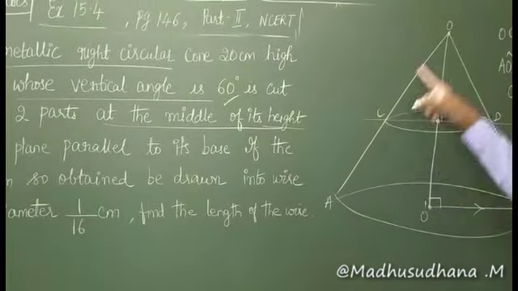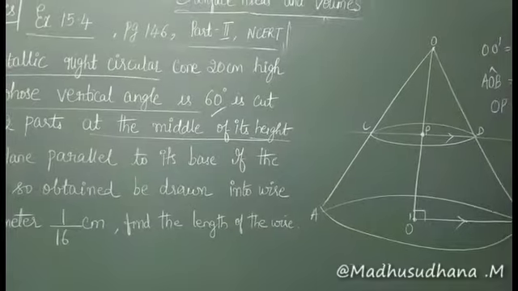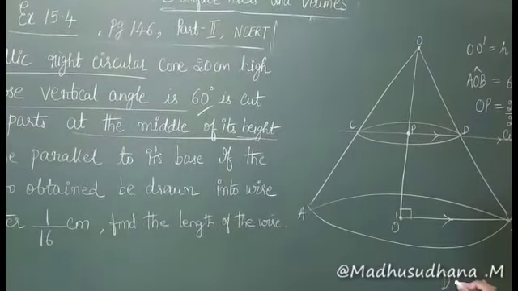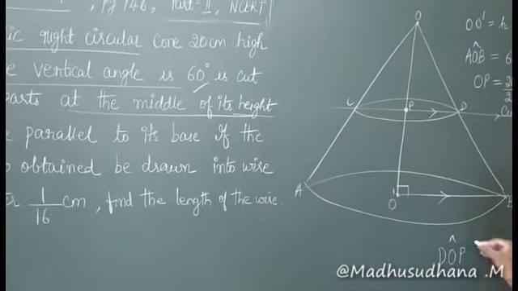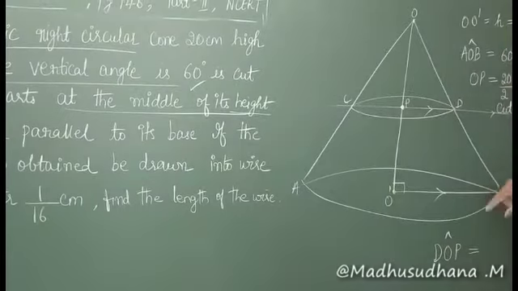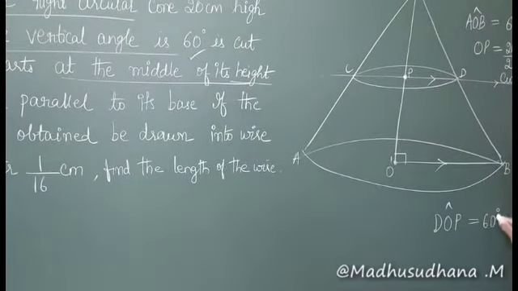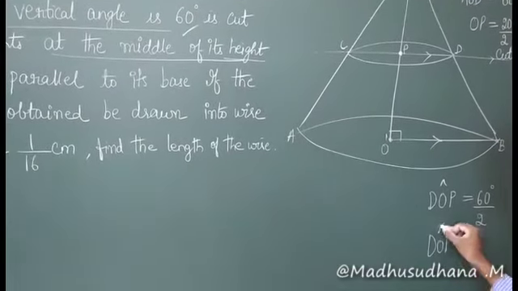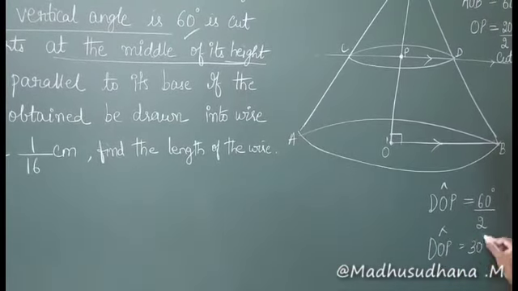So this complete angle was 60 degrees here. So let me write this angle DOP, which is equal to how much? Complete was 60 degrees, 60 degrees divided by 2. So I shall get angle DOP equal to 30 degrees.